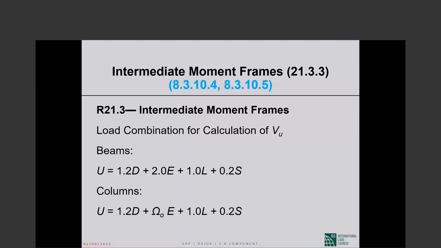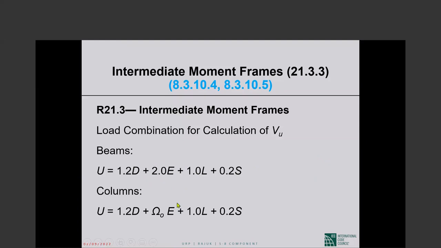Okay? So in this load combination, if we are designing an intermediate moment frame beam for shear, we could simply double the earthquake shear and not worry about calculating maximum shear based on nominal moment strengths at each end.